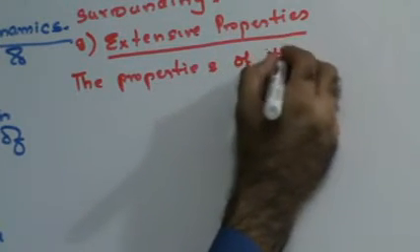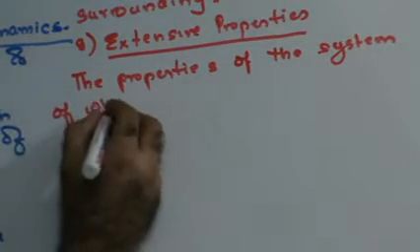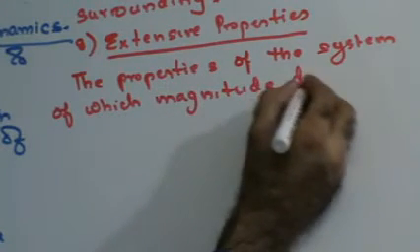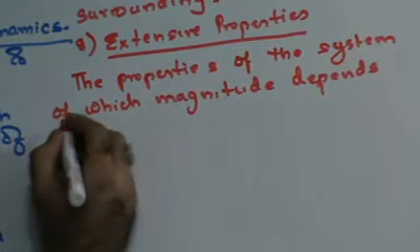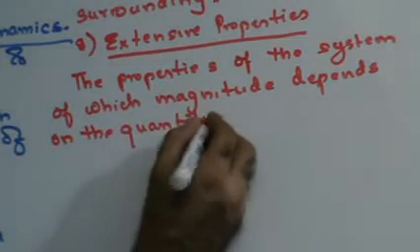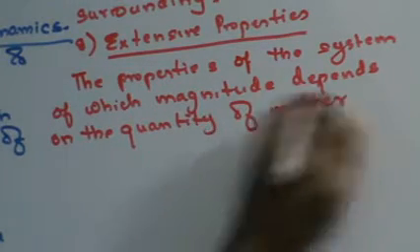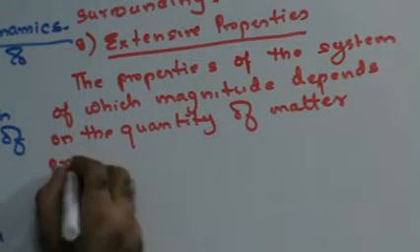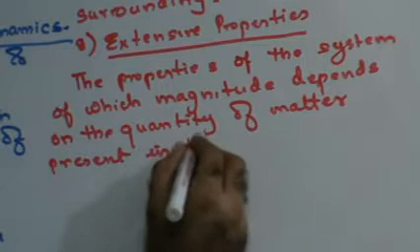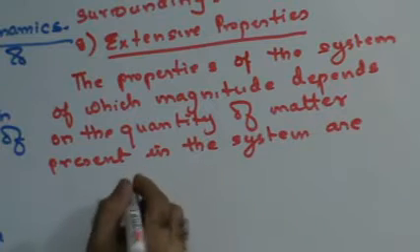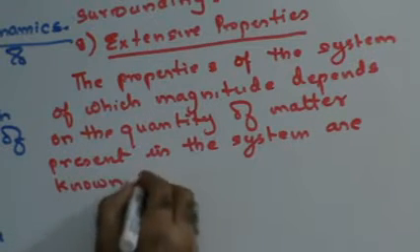The properties of the system of which magnitude depends on the quantity of matter present in the system are known as extensive properties.